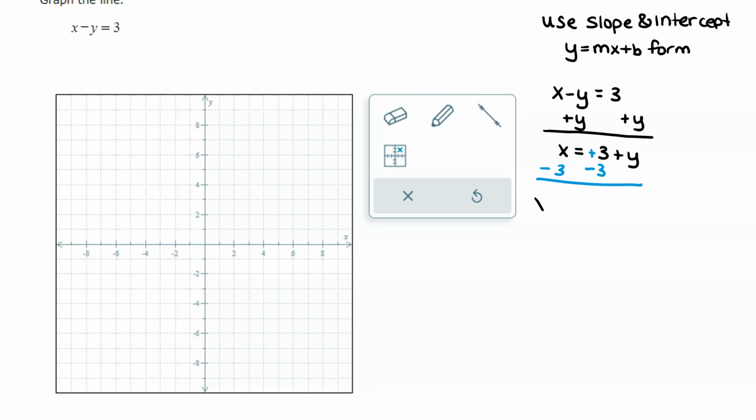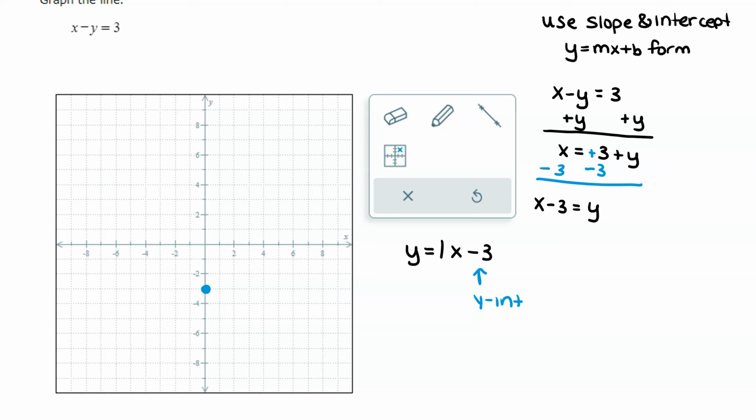And I get x minus 3 equals y. So if I write that, y equals 1x minus 3, -3 is your y-intercept. That's where your graph touches the y-axis.